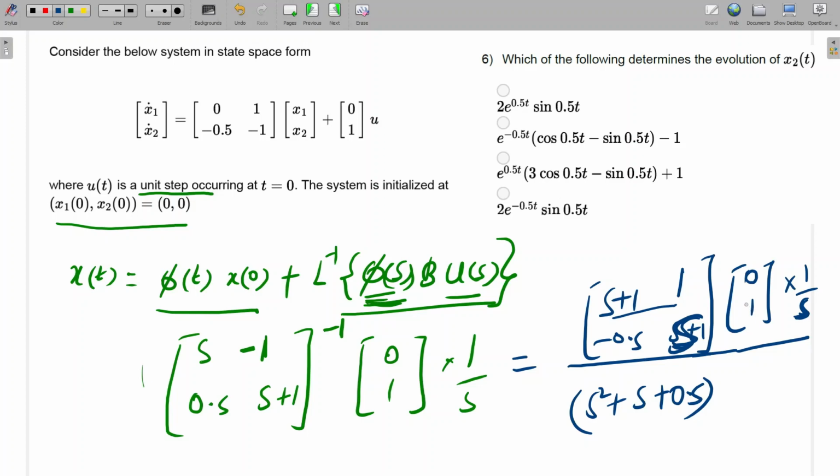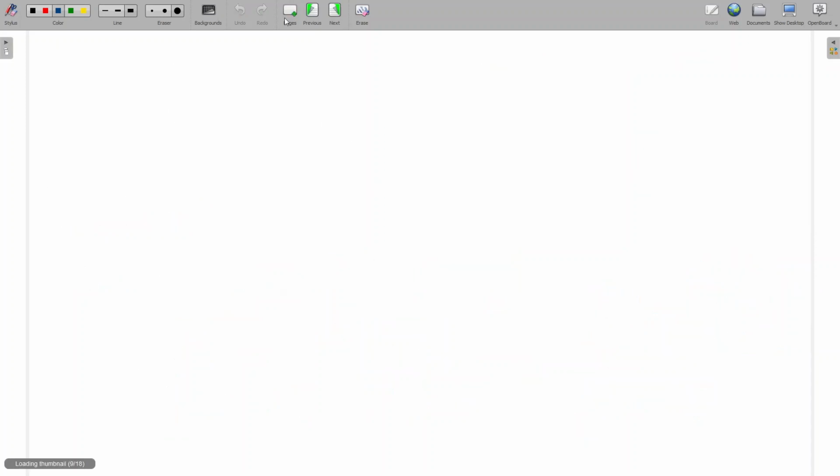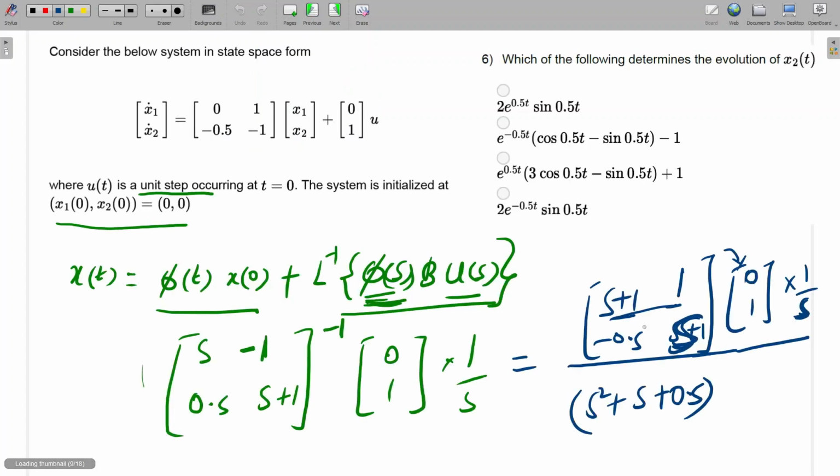Correct? This s plus 1 and 1 is there. So if we do matrix multiplication with 0, 1, that will be 1, and this bottom one will give s. So that I am writing on the next page. So first one is 1, and here it is s into 1 by s. Correct? Second will be s plus 1. First multiplying a row and column.